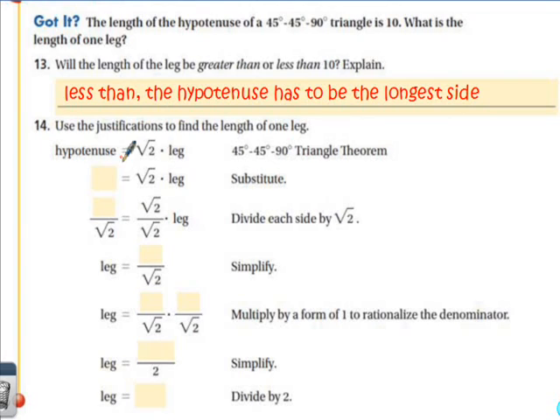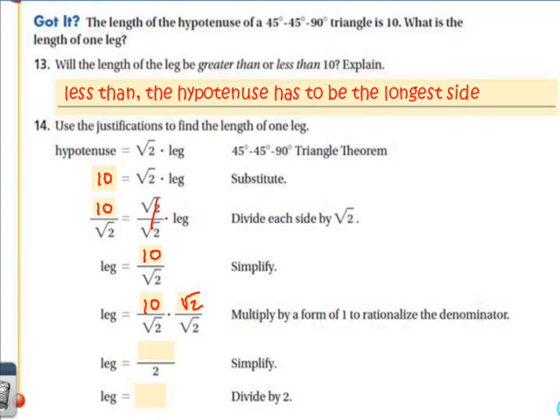So if hypotenuse equals square root of 2 times the leg, on this problem the hypotenuse is 10. Here, we're just going to start solving for the leg. I divide both sides by square root of 2, and here I'm going to simplify. Those divide to 1, so all I have left is leg equals 10 over square root of 2. We're not allowed to have a radical in the denominator of a fraction, so I multiply by square root of 2 over square root of 2.